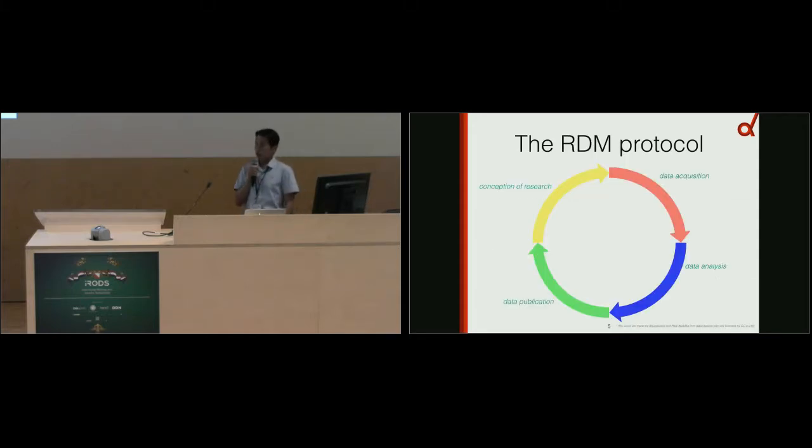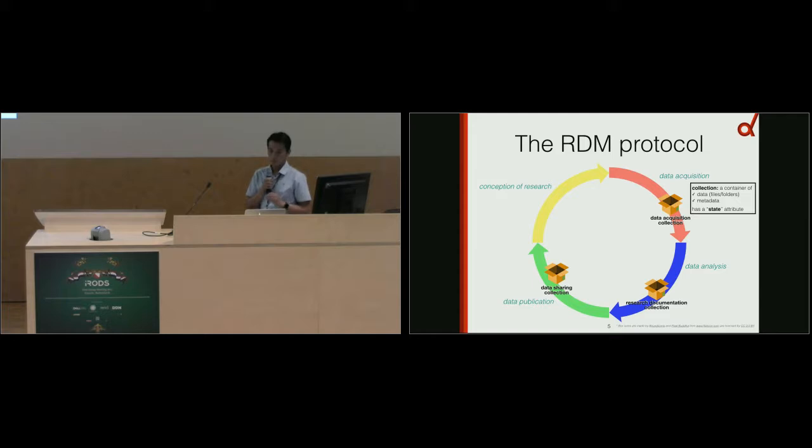Talking about the solution, the method we are trying to create: firstly, we look into the life cycle again and put these 4 steps into the picture. Very quickly, we realized that different steps need different types of data management approach and policies. Therefore, we created 3 types of data collections corresponding to the 3 different types of data management.